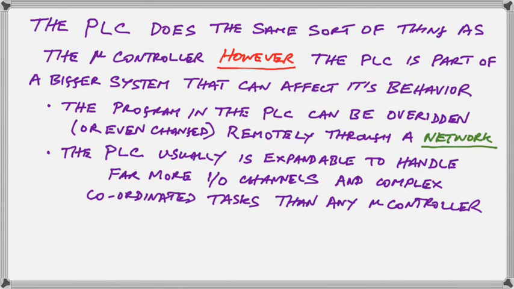And the PLC usually has a generic microprocessor system which is expandable to handle far more I/O channels. You can just add additional modules to increase the number of I/O channels, input-output channels. And because it uses the generic microprocessor, it would be capable of more complex and coordinated tasks than the simple microcontroller.